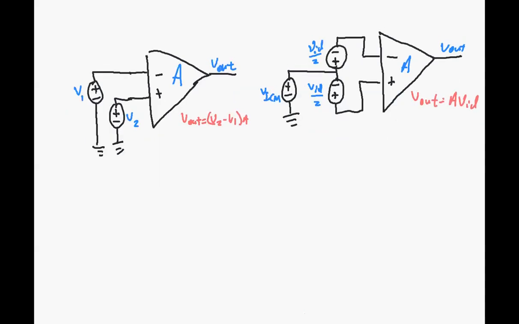There's really no difference between them at all, and it's straightforward to convert between them. So we can look over here and just say that VID is equal to V2 minus V1, and with that statement, V2 minus V1 times gain is really the same as VID times gain.